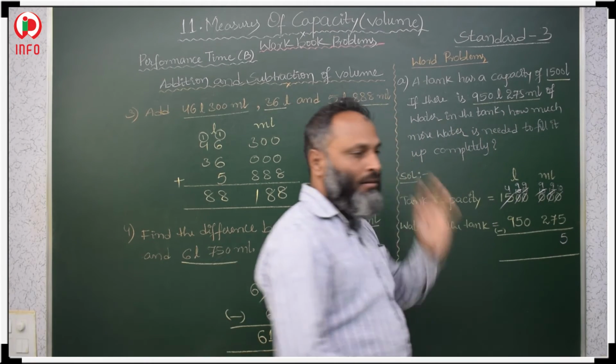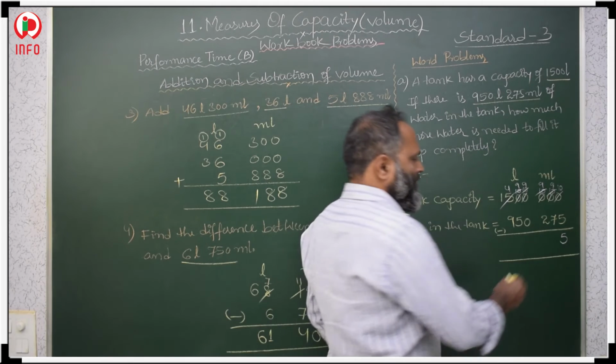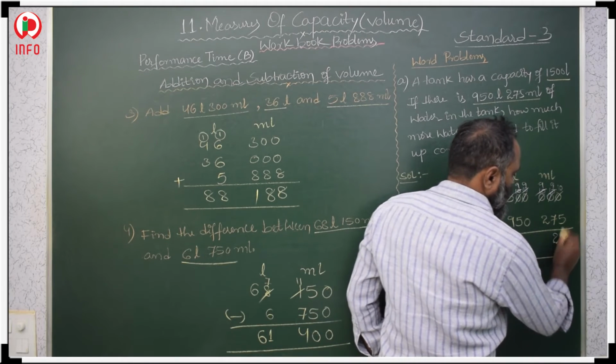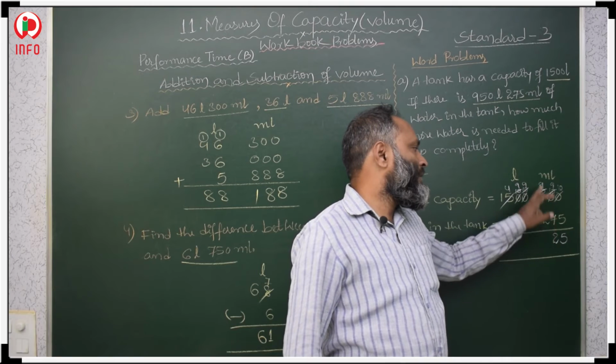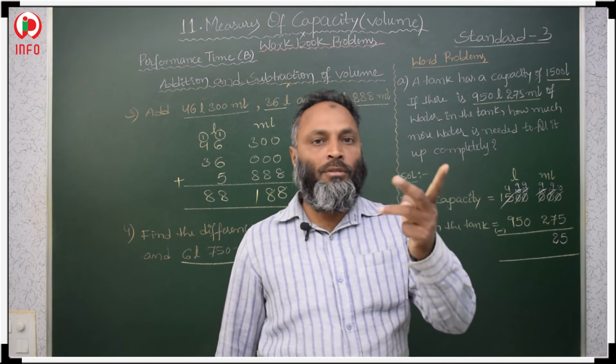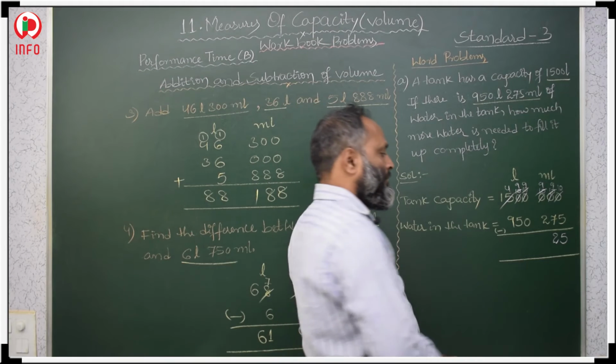9 minus 7 means from 8 to 9 we have to count: 8, 9, it is 2. Next, 9 minus 2 means from 3 to 9 we have to count: 3, 4, 5, 6, 7, 8, 9, it is 7.